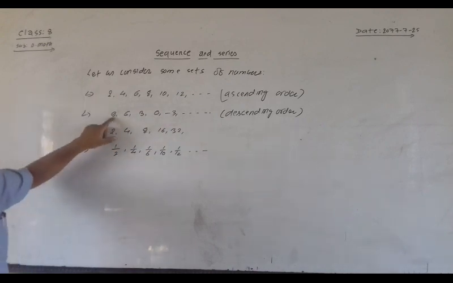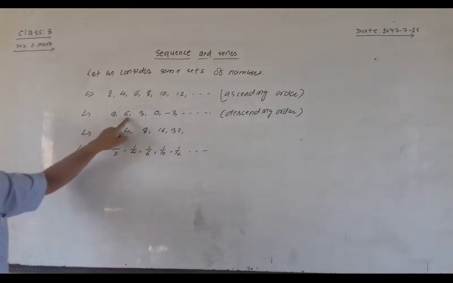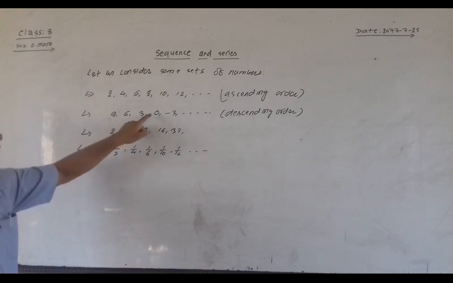Each preceding term is more than the next by 3. 6 is more by 3 than 3, and 3 is more by 3 than 0.